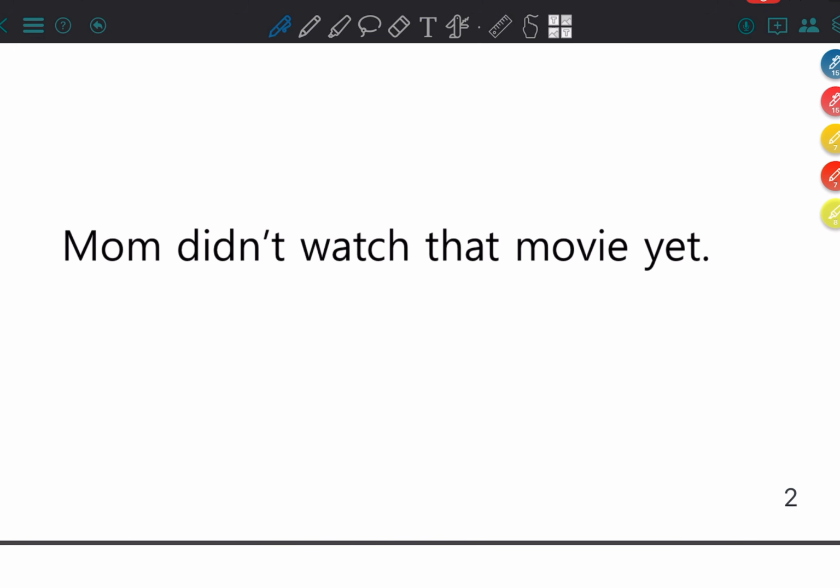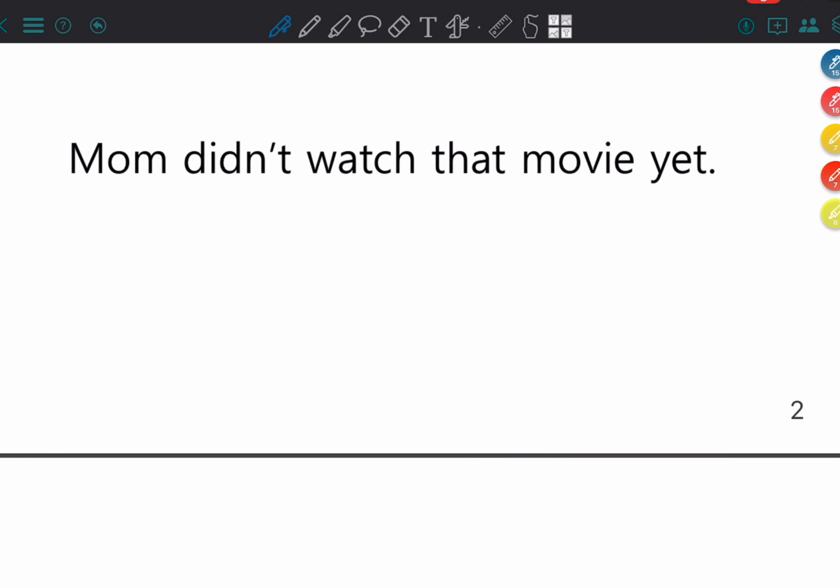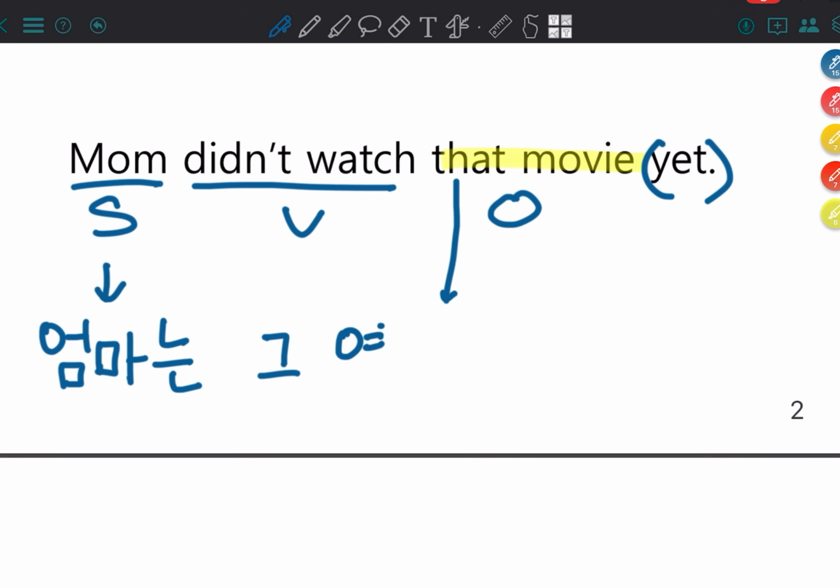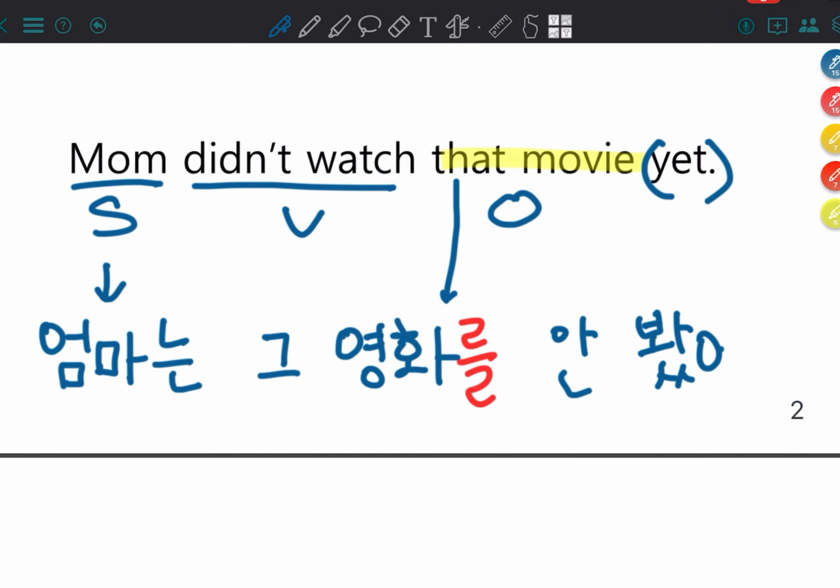How about Mom didn't watch that movie yet. Mom didn't watch that movie. This is an adverb. So 엄마가 or 엄마는 subject. 엄마는 object comes first, right? 그 영화, and then we mark it with 를. 안 봤어요, didn't watch. 안 봤어요.